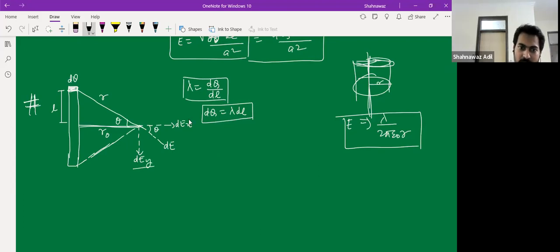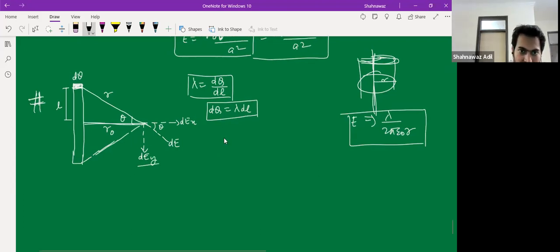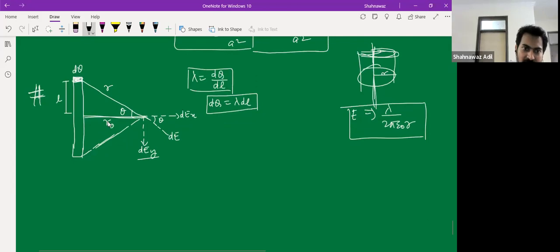This is R naught and this is R. So what is the electric field dE? This is K dq by R square, the separation squared.